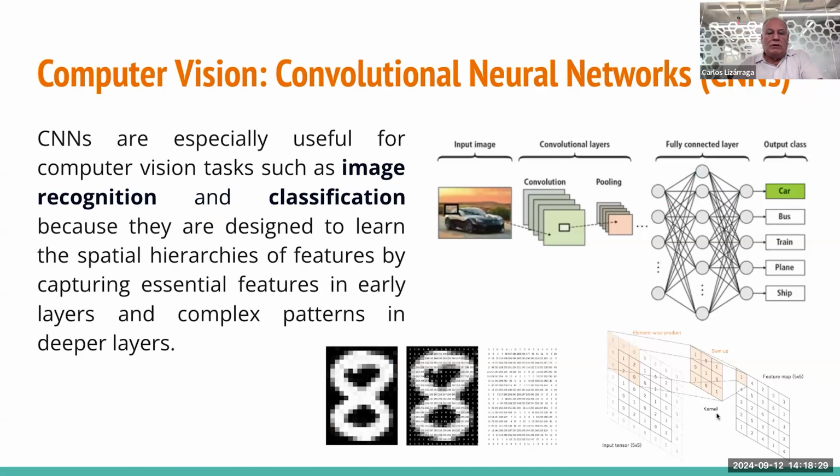Now, how does computer vision work underneath? So this is a convolutional neural network, and you input an image. The image is fragmented in pixels or some small sequence of images, and then are sent into a convolutional filter.